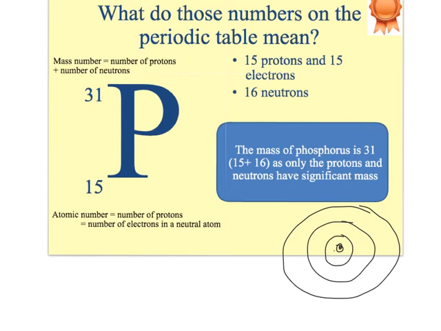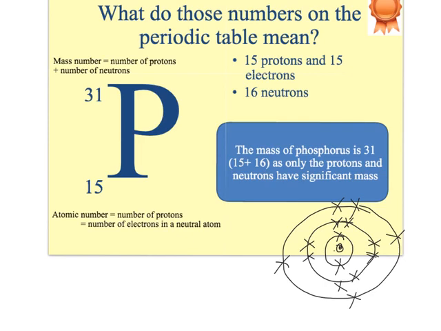For phosphorus, you've got 15 electrons, which means you've got 2 in the first shell, because that's the first level of the car park. You can only put 2 in. You've got 8 in the next shell. That means you've got 10 so far, which means you've got 5 left over to go in the outer shell. Remember you can put 8 in the next level of the car park and up to 8 in the one after that.